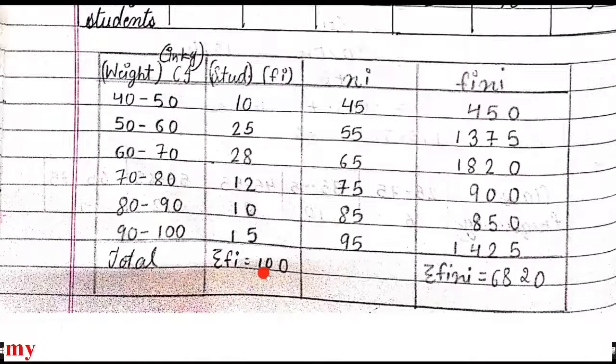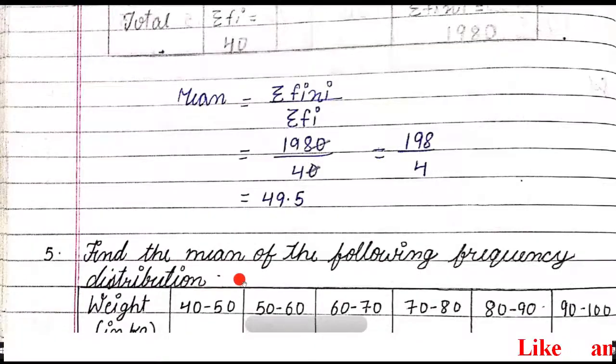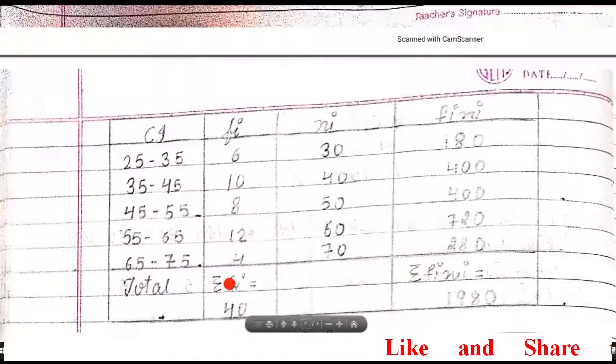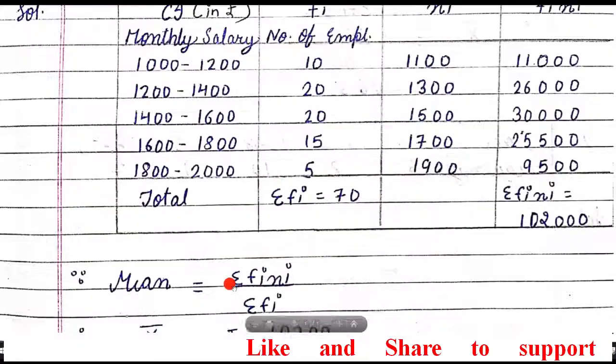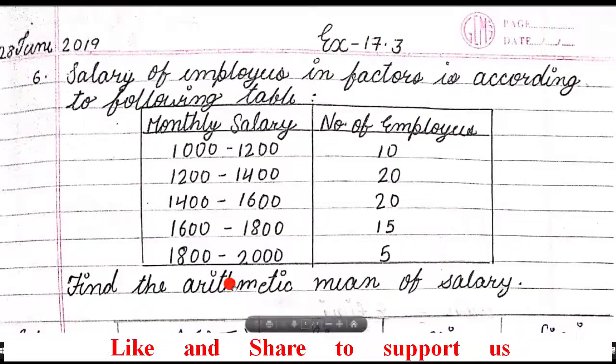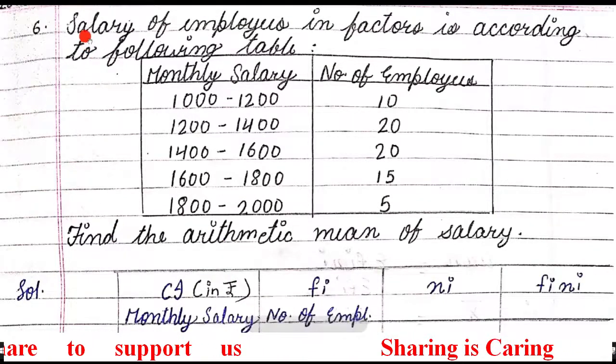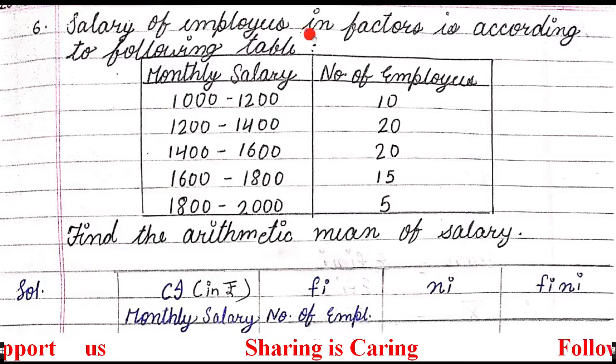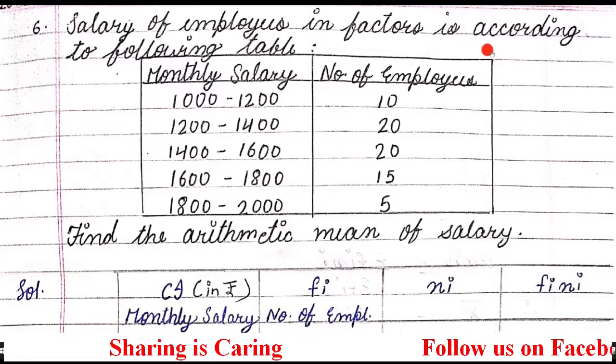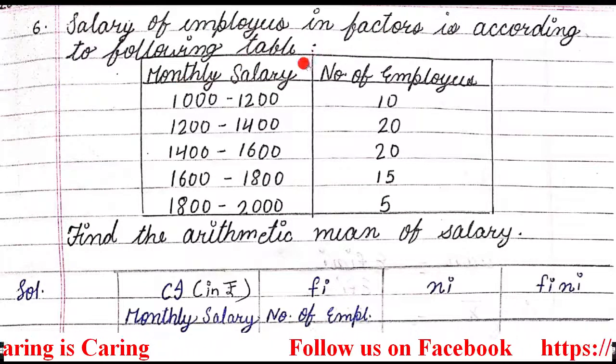Now students, we will move to question number 6. Question 6 is: the salary of employees in a factory is according to the following table.